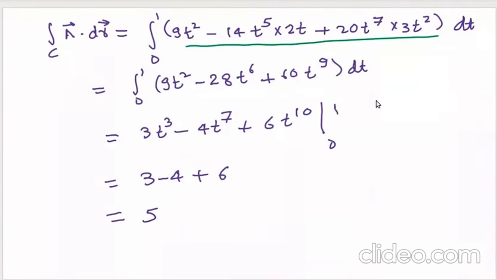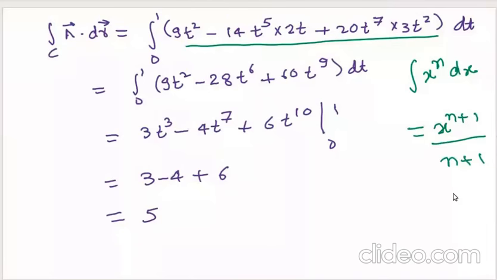You can integrate this using the formula. Suppose I am integrating x to the power n with dx. It will give you x to the power n plus 1, divided by n plus 1, plus some constant c. Using this formula, the integration of t squared will be t cubed by 3, t to the power 6 will be t to the power 7 by 7, and t to the power 9 will be t to the power 10 by 10.